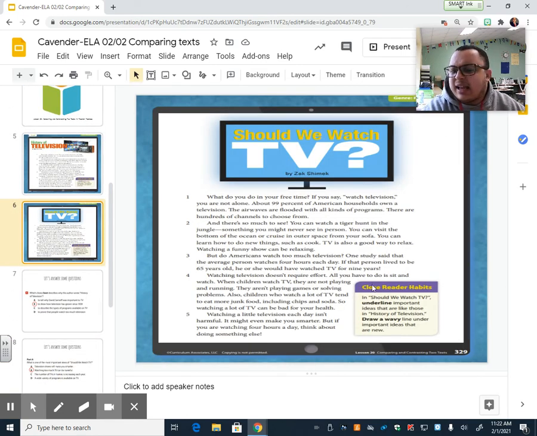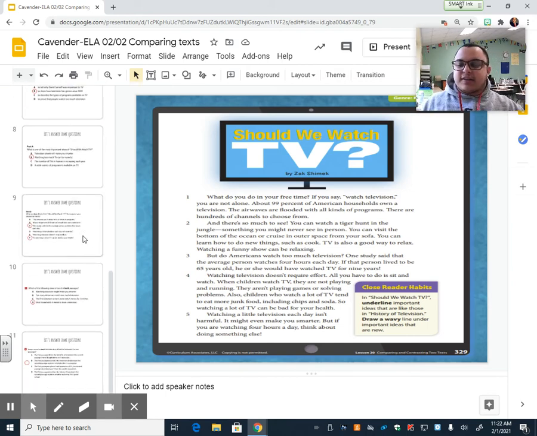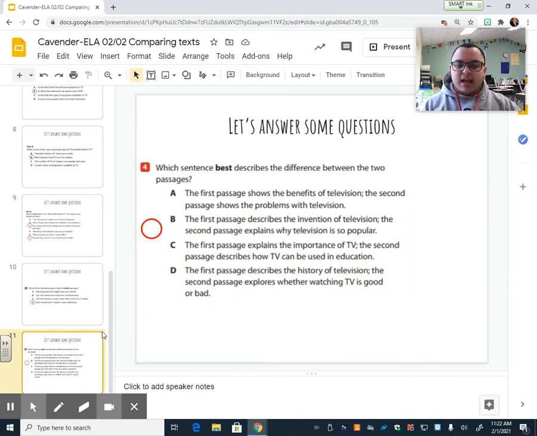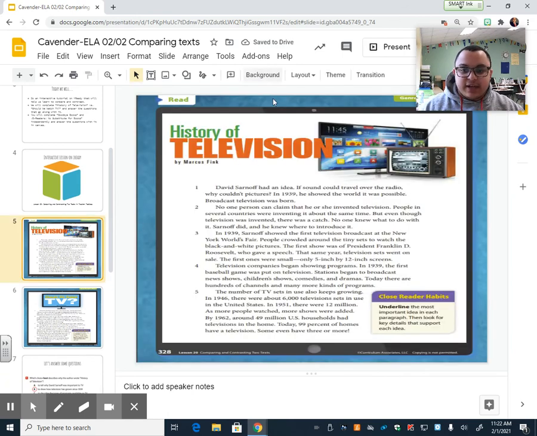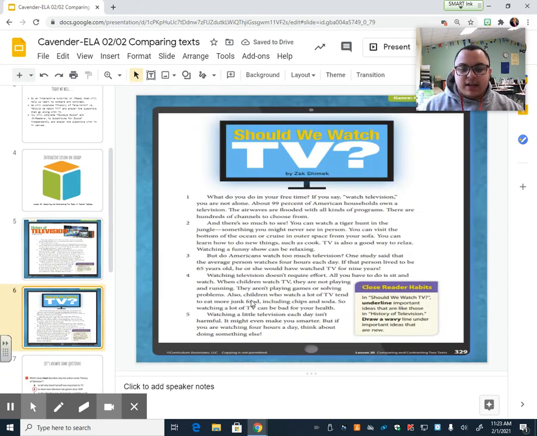Did this passage say anything about TVs being used in education? No. It says it might make you a little smarter, but it doesn't tell you anything else about education, so that can't be the answer either. The last one says the first passage describes the history of television, and the second passage explores whether watching TV is good or bad. That's going to be our answer, and we can figure that out by looking at the titles. History of Television, and Should We Watch TV?